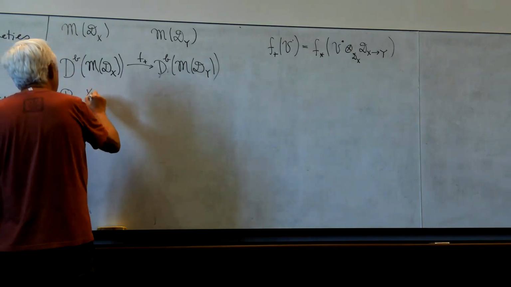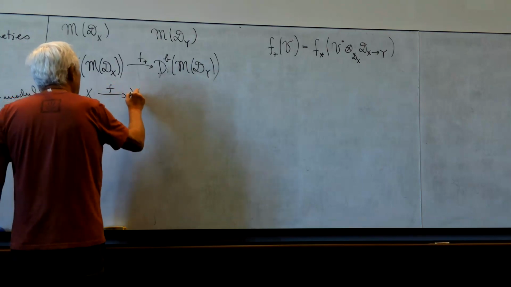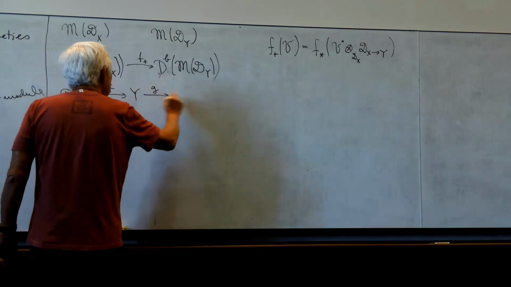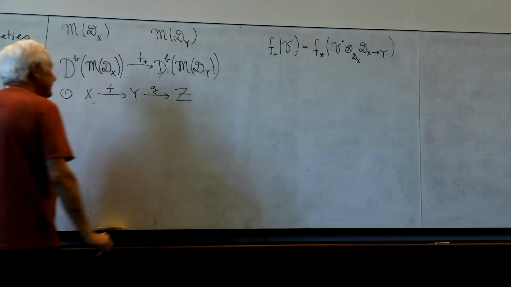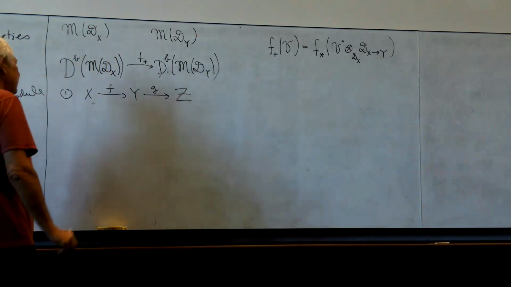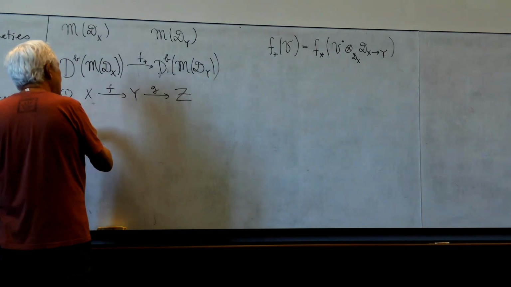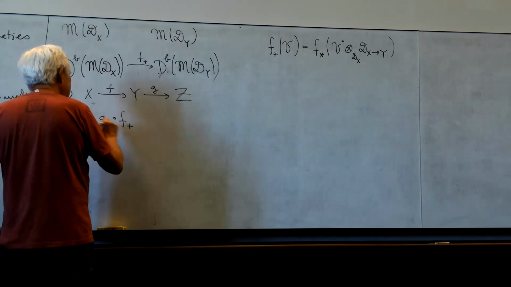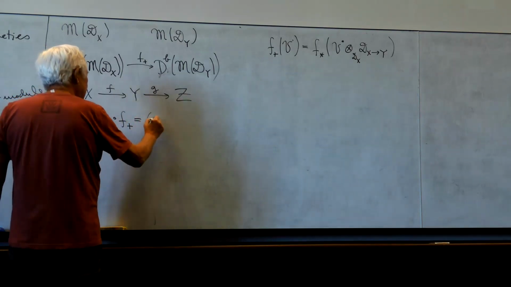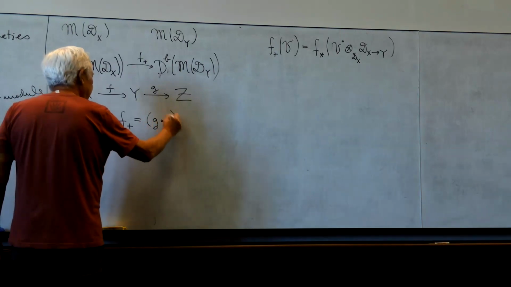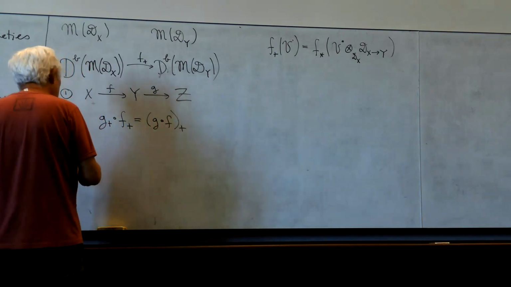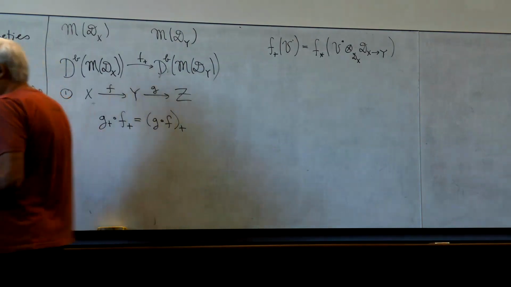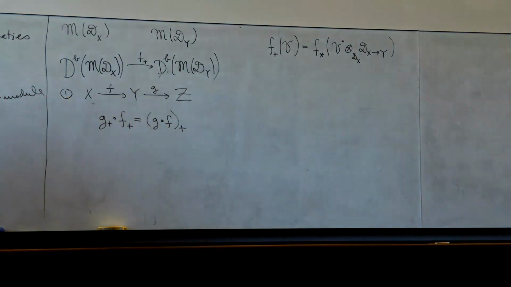First, if I have F from X to Y and G from Y to Z, then you can show that if I apply direct image with respect to F, and then direct image with respect to G, that is the direct image of the composition. And this uses something called the projection formula.